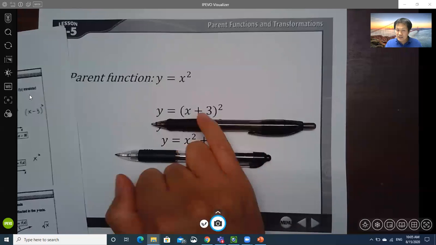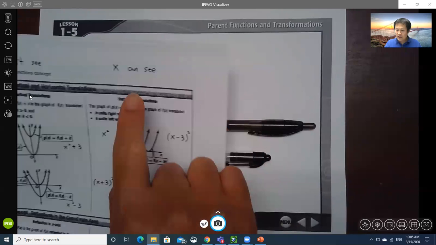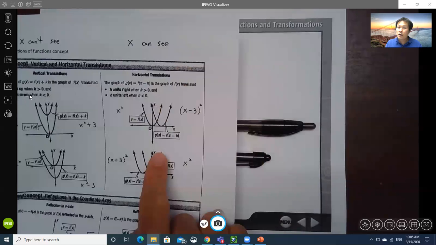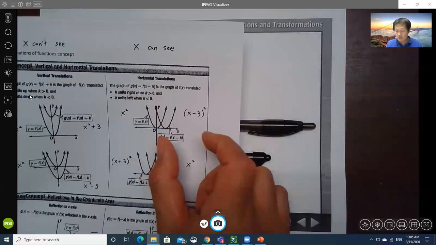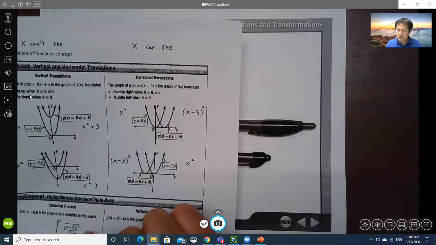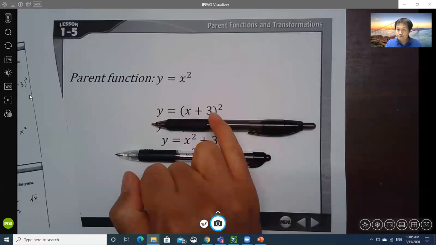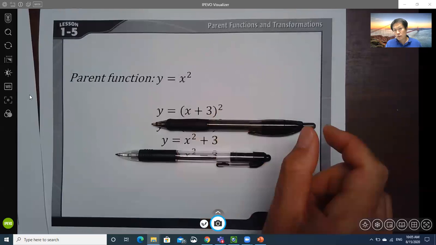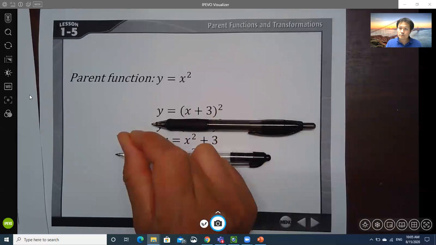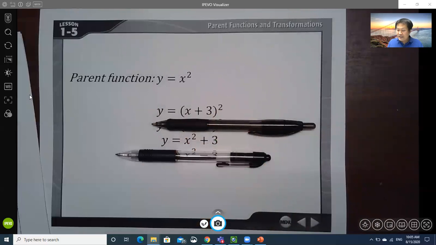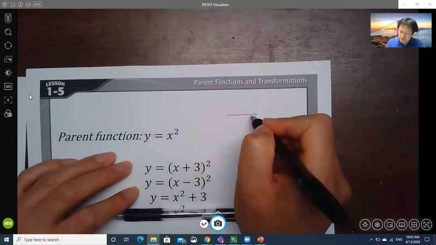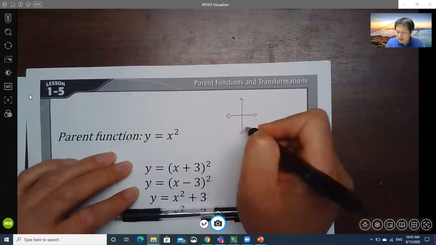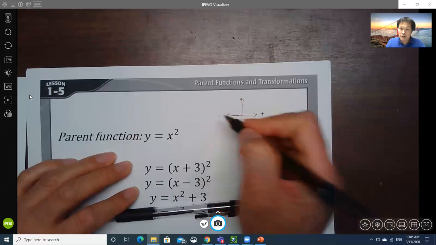If x can see the number, it's shifting in terms of the x-axis. Either you move to the right or move to the left. So it's a plus 3. Are we going to the right or left? On the x-axis, right is positive, left is negative.